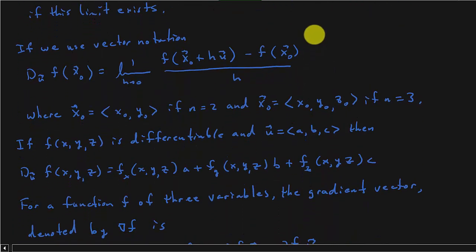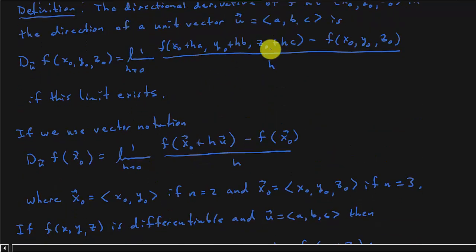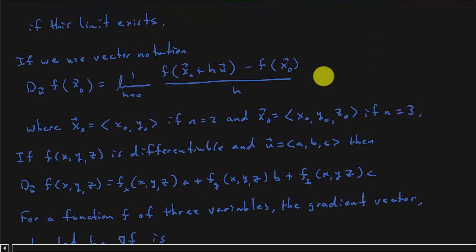If we use vector notation, you can rewrite it like this, where x0 is (x0, y0) if n is 2, and (x0, y0, z0) if n is 3.